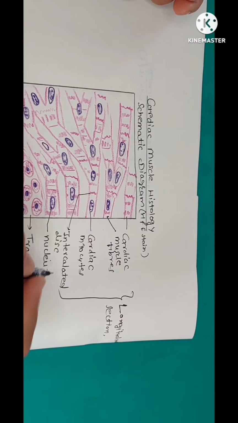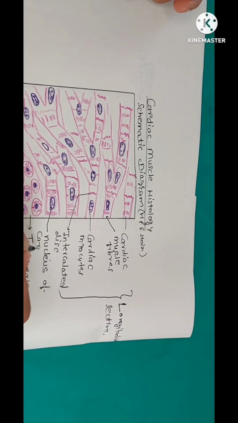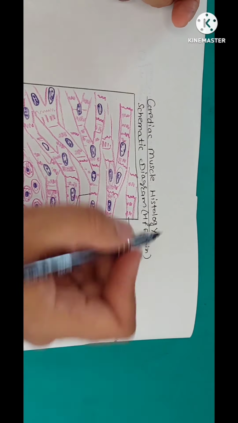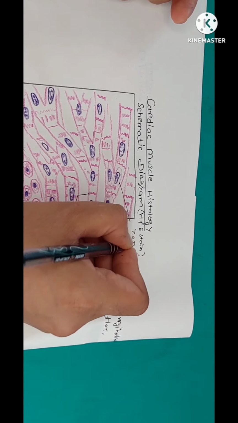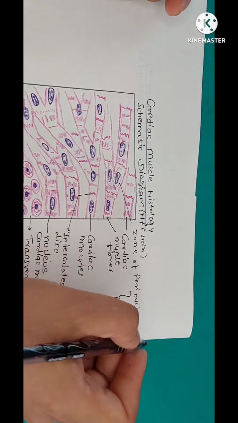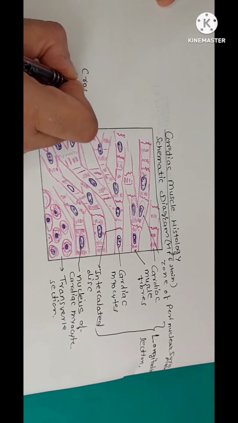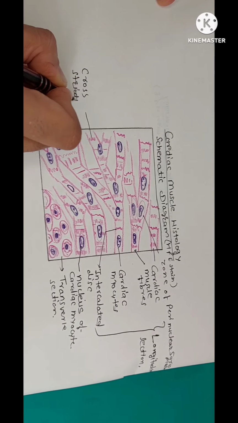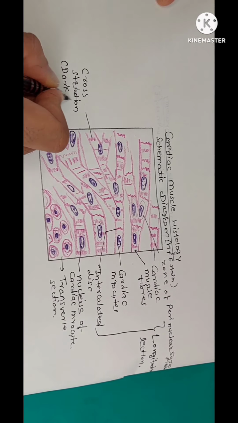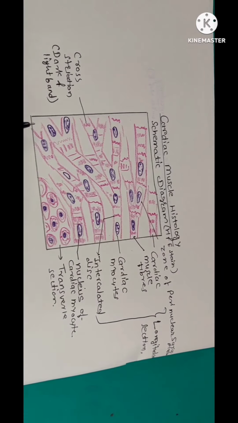Here label the nucleus of the cardiac myocyte. Around it you have to label the zone of perinuclear sarcoplasm, and the cross striations, that is alternate dark and light bands, but these are better visualized under high power, under a polarized microscope.